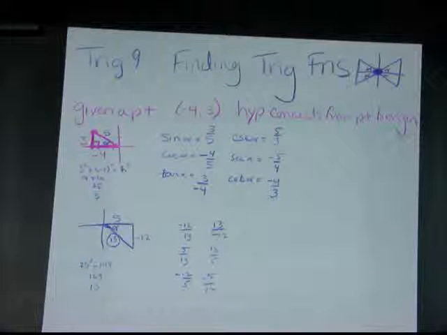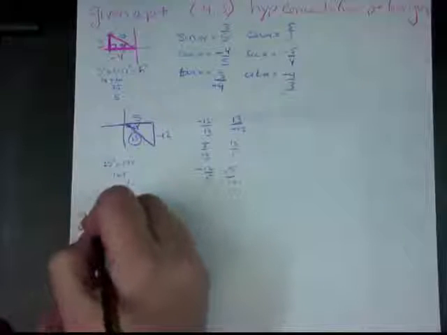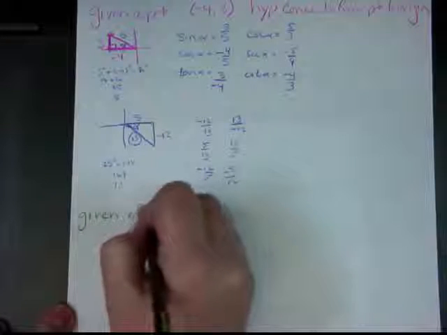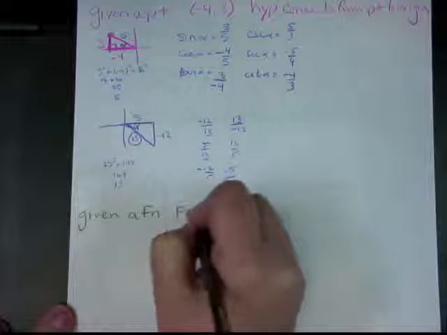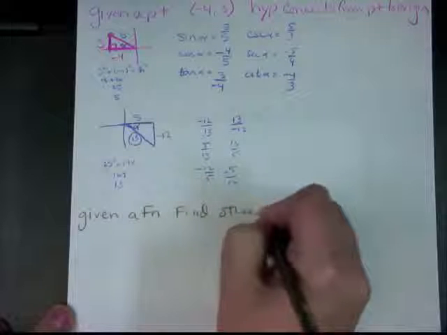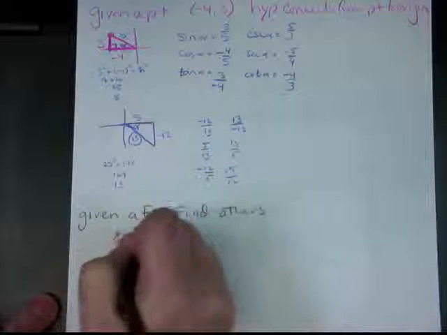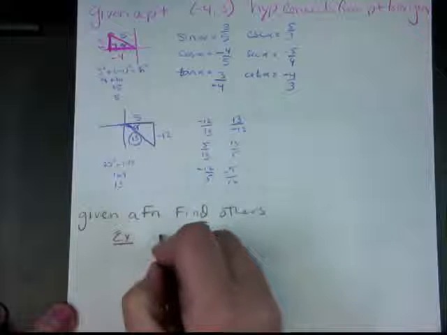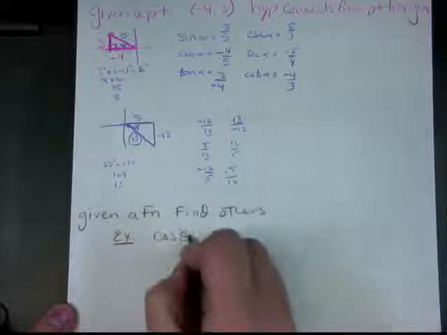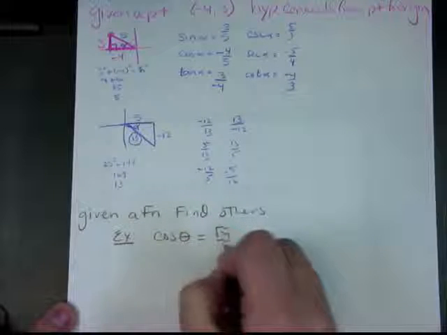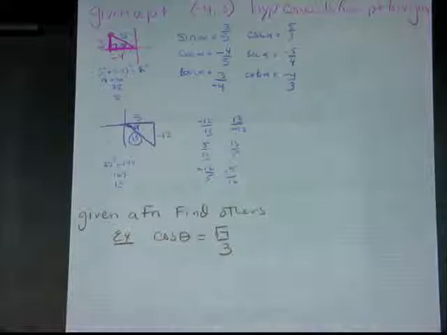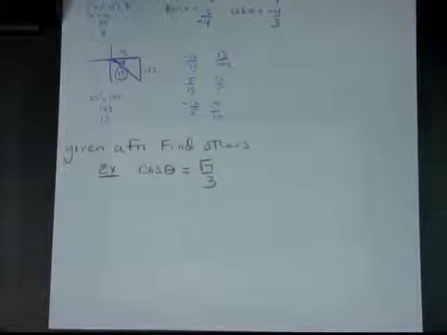The next part says you're going to be given a function, and you find the others. For example, you're given that the cosine of an angle is √7/3. You're always going to create a triangle.